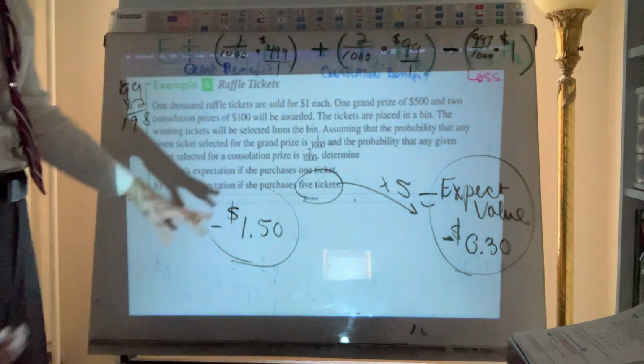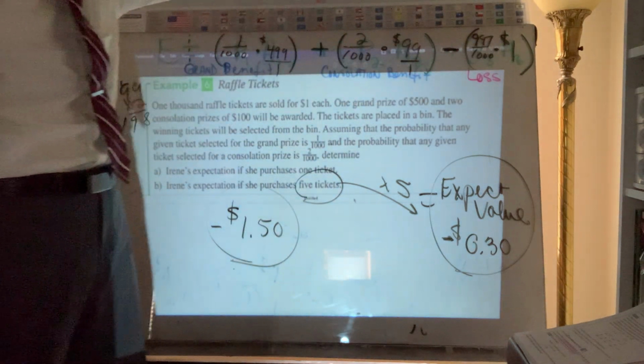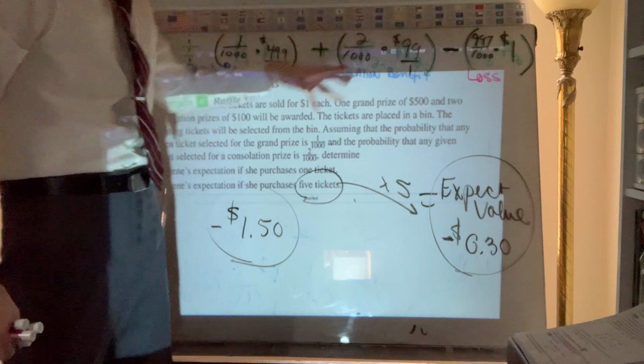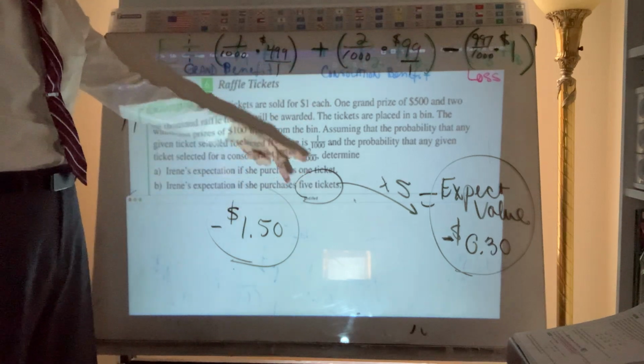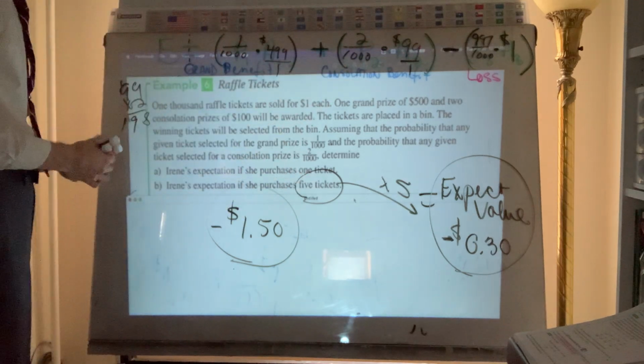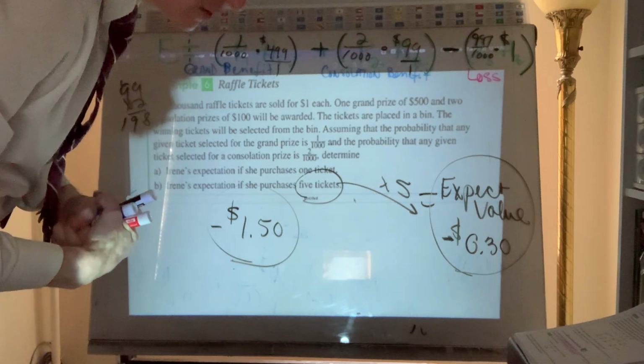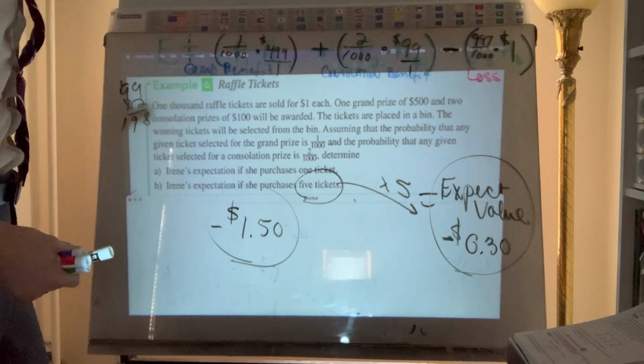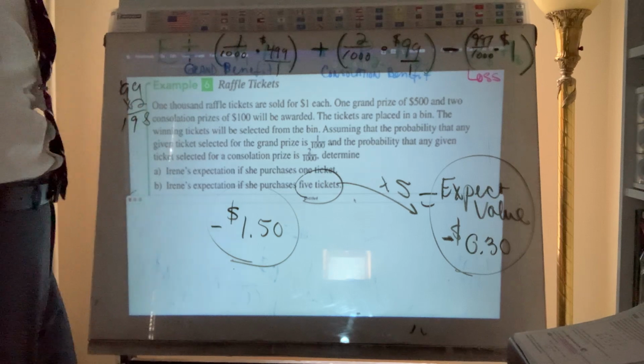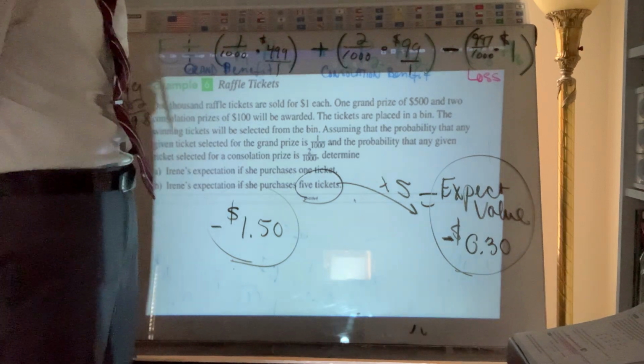If you were to go back and do it sort of brute force here, factoring in 5 tickets, then you'd have to make some minor adjustments to the probabilities and to the values associated with those.